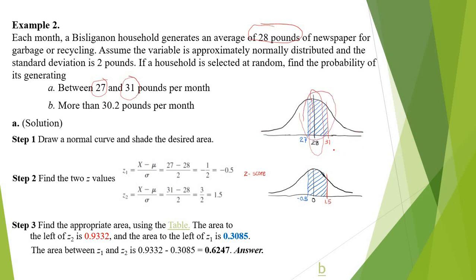So between 2 z values. Now, our next step, step number 2, we convert that into equivalent z-scores.